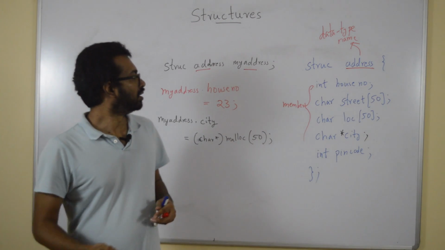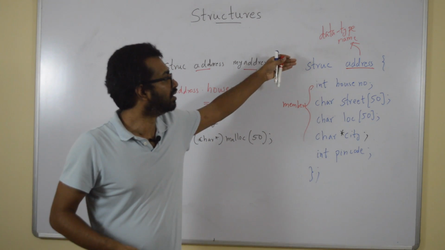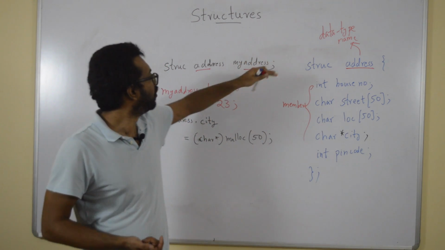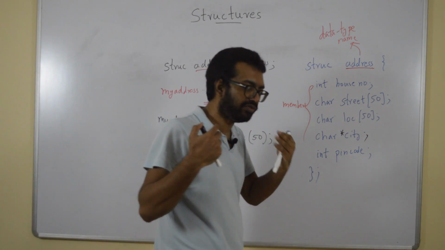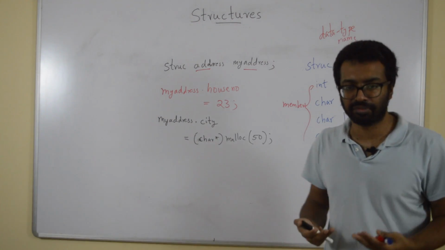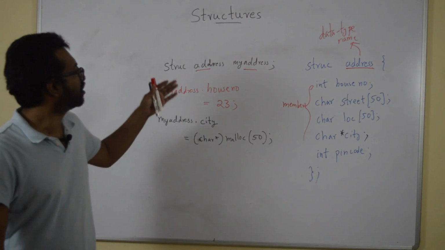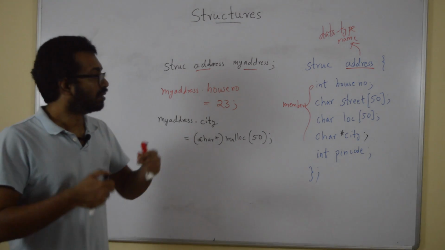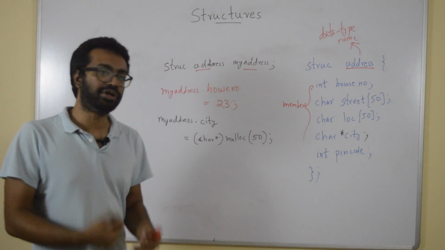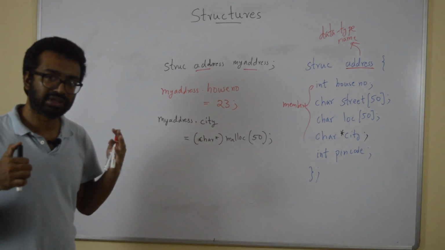Next thing is that I can even define pointers for this data type. Just like I define pointers for integer pointers, I can define pointers for the address data type. How can I declare a pointer to an address data type?